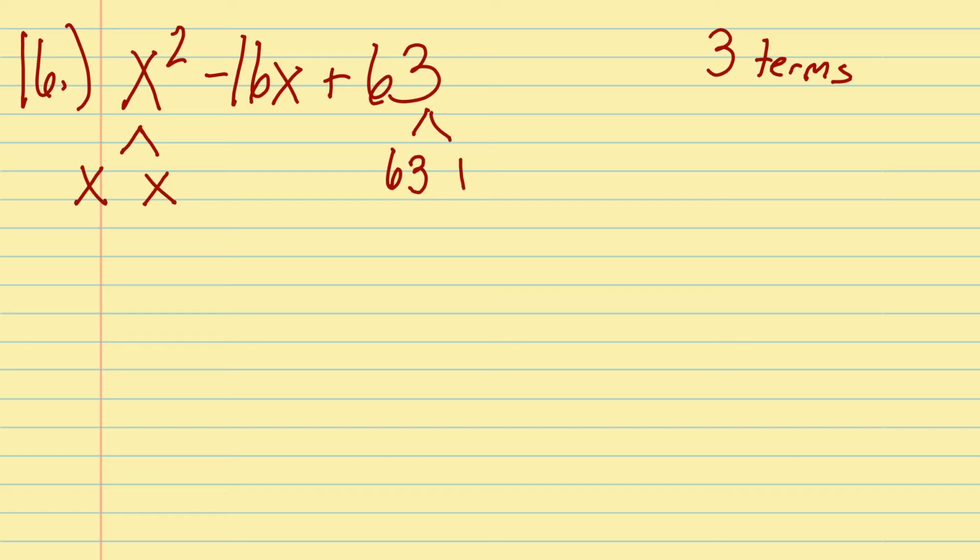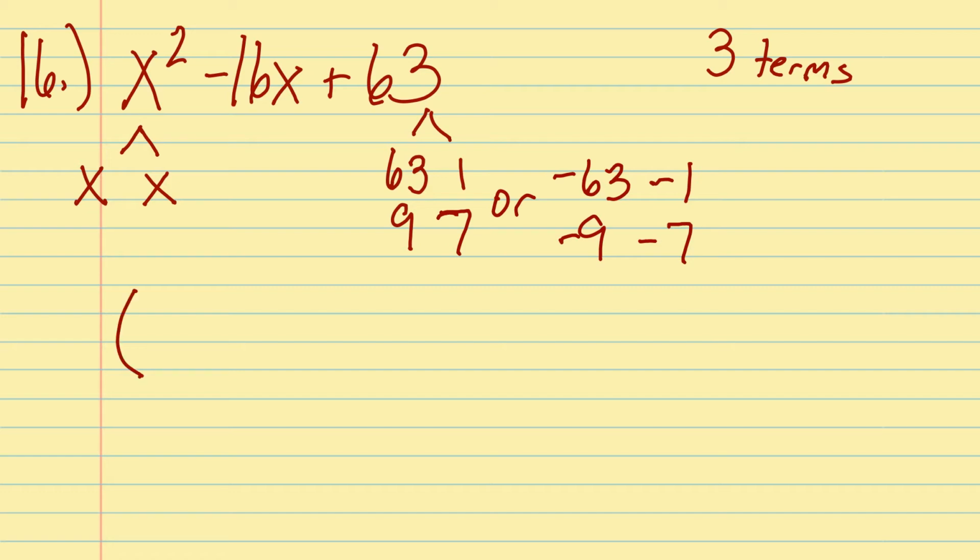I could use 9 and 7. So those are my 2 options. Or in reality, I also could do minus 63 and minus 1, or I could say minus 9 and minus 7. Okay. Now there's 2 ways to do this.